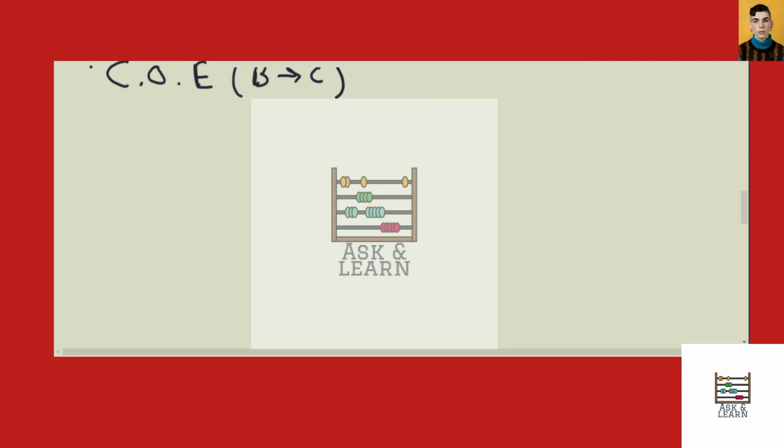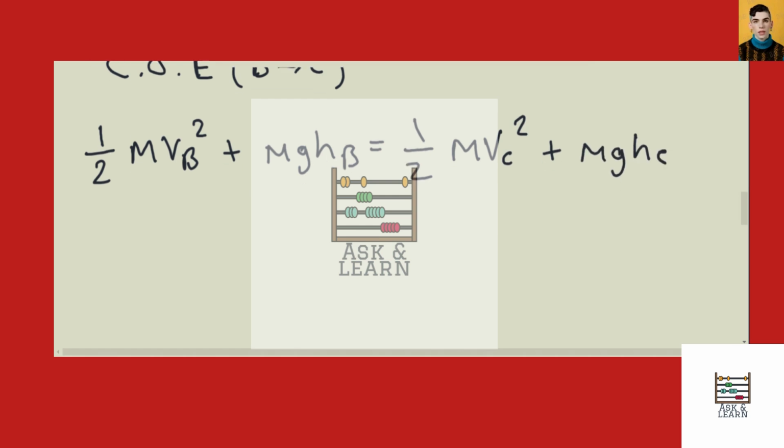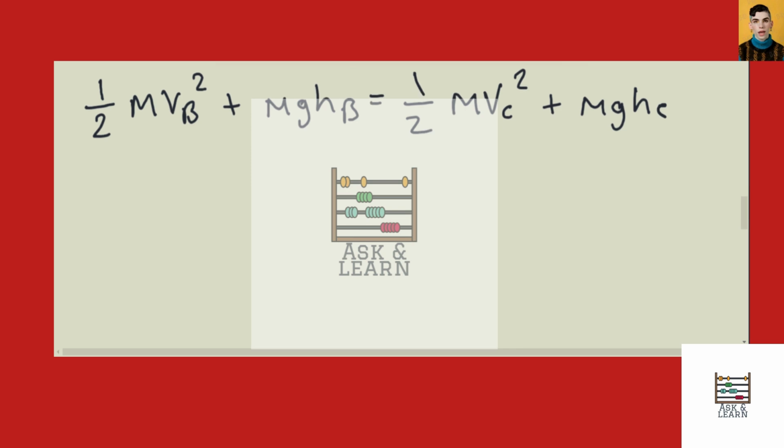So we have the kinetic energy at B, 1/2 m VB squared, plus potential energy at B, mgHB, equals kinetic energy at C, 1/2 m VC squared, plus potential at C, mgHC. So again, we're solving for VC.